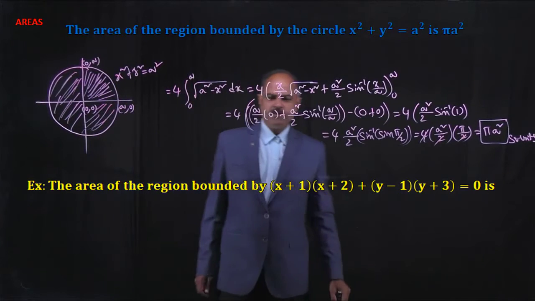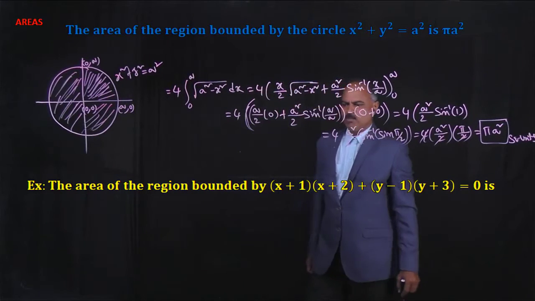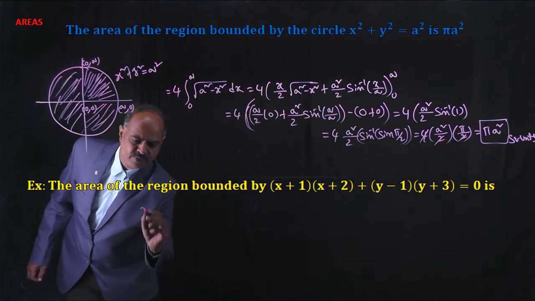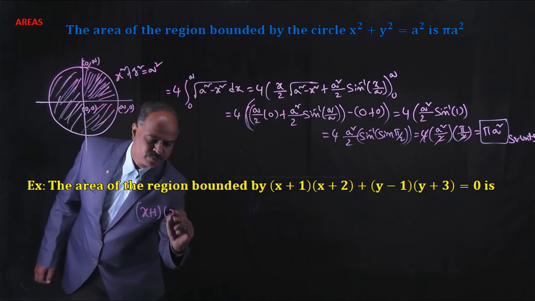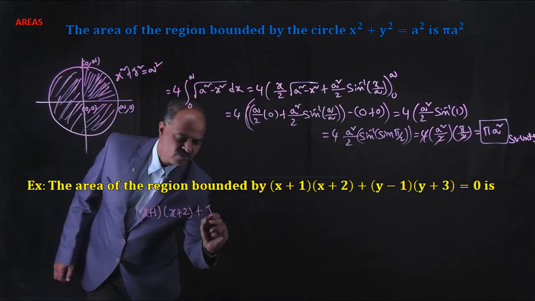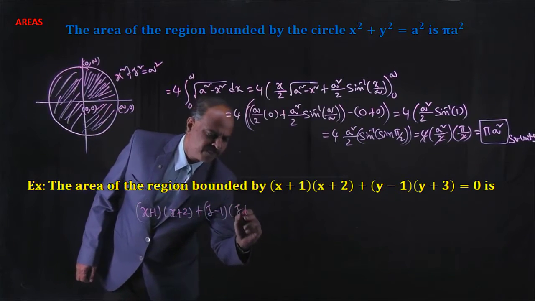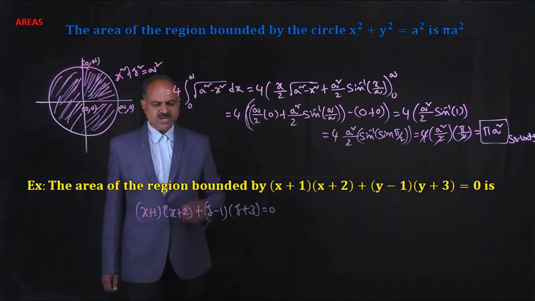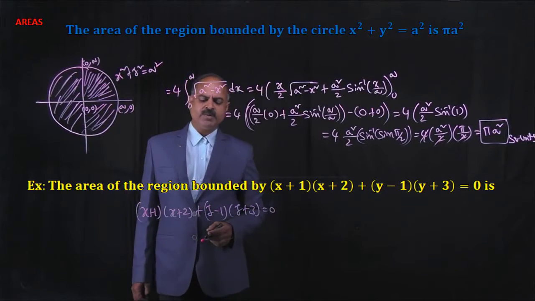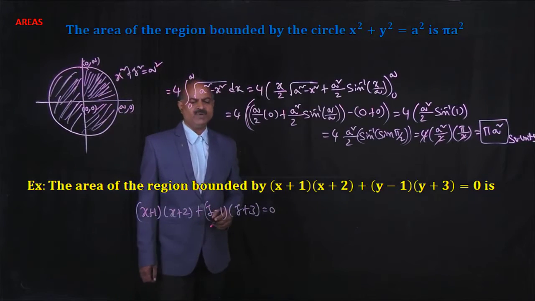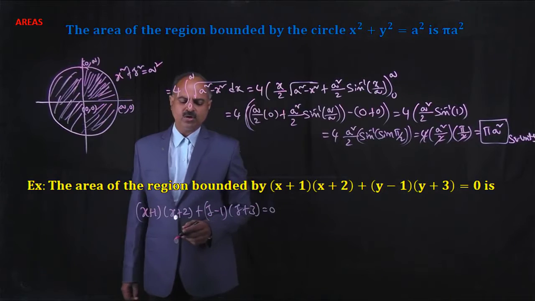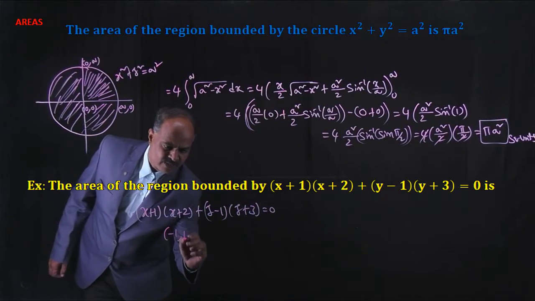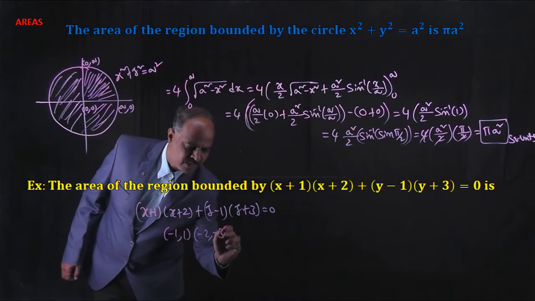Suppose for example, the area of the region bounded by x plus 1 into x plus 2 plus y minus 1 into y plus 3 equal to 0. So now this is of the form x minus x1 into x minus x2 plus y minus y1 into y minus y2 equal to 0. So endpoints of the diameter are here minus 1 comma 1 and minus 2 comma minus 3.